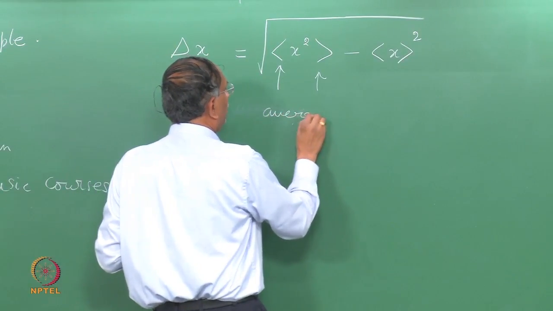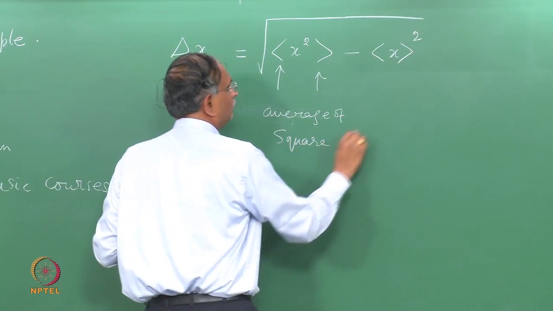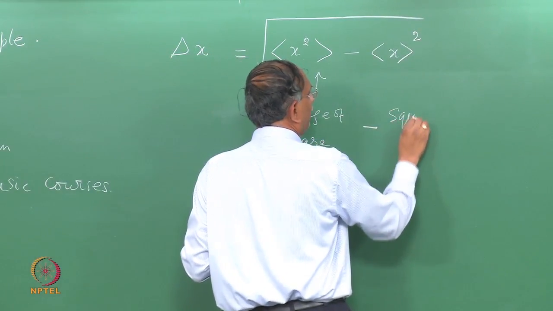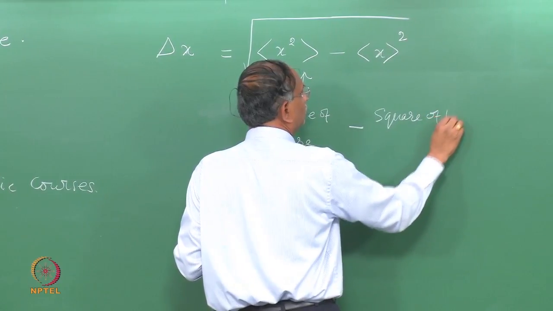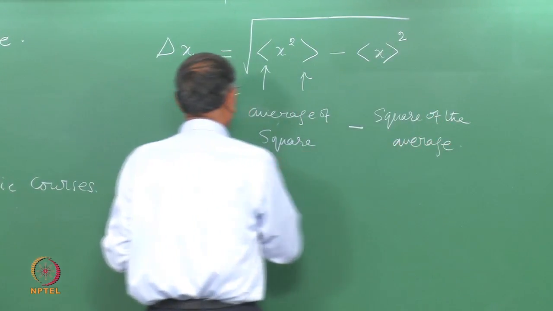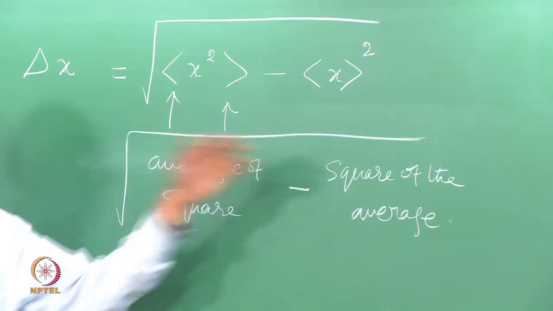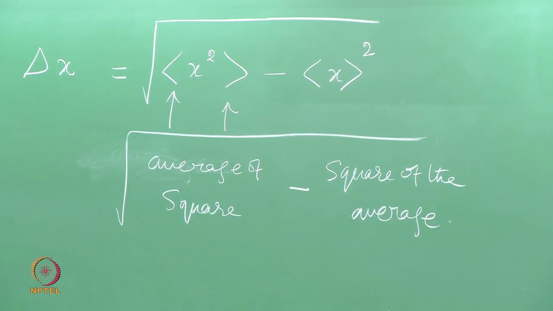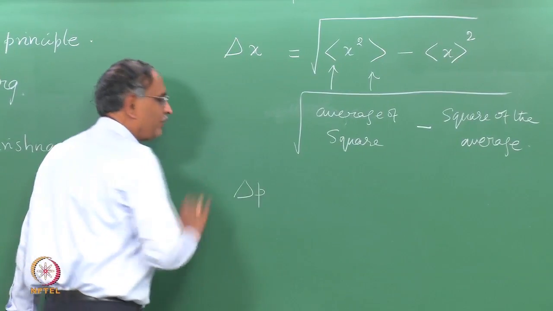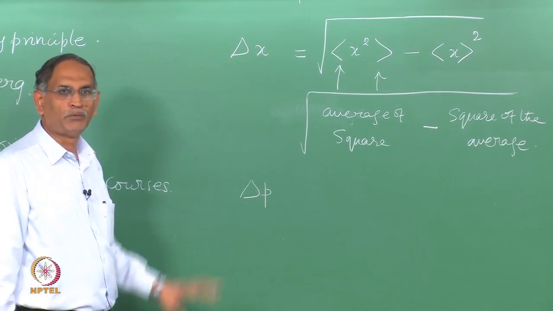Average of the square minus square of the average. I don't know how to say it in English, it is a square root, or you can write it within bracket square root. Likewise, the uncertainty, this is for the position variable and this is for the momentum variable.